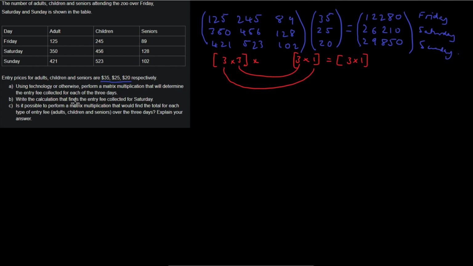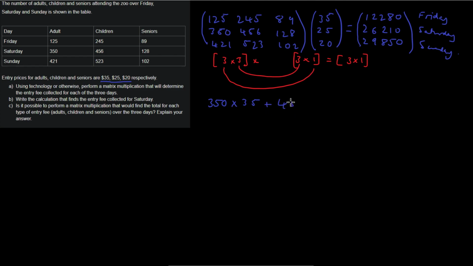Good. Now for B, write the calculation that finds the entry fee collected for Saturday. Alrighty. This one doesn't say a matrix calculation, it just says the calculation. So Saturday, we've got 350 adults. That would be $35 per ticket. Plus, how many children do we have?